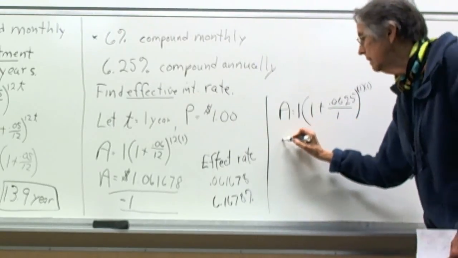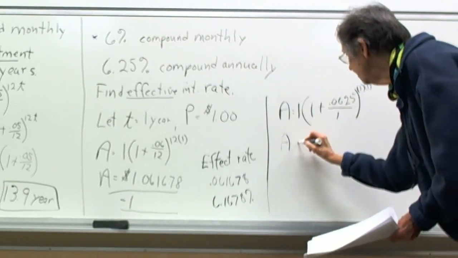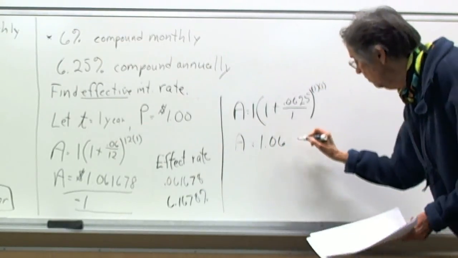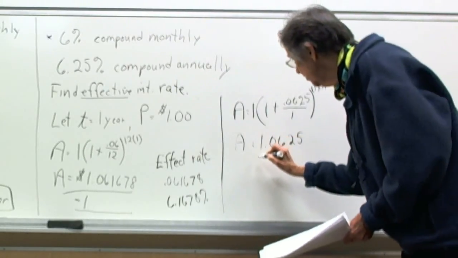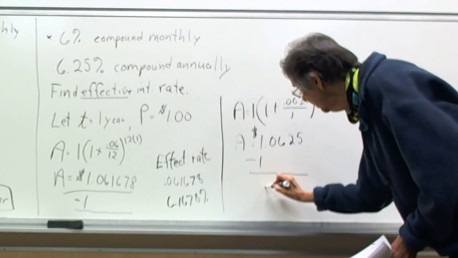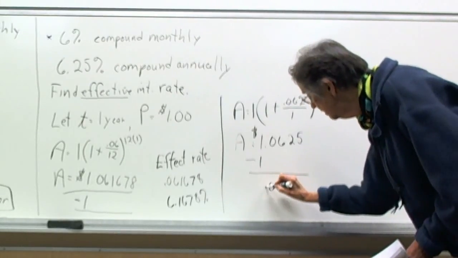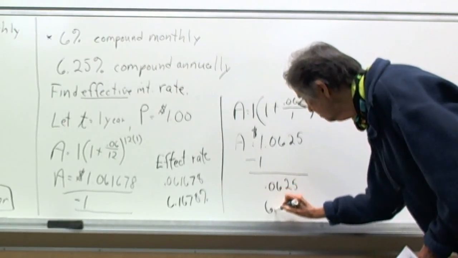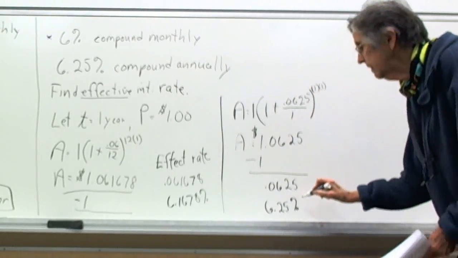So we do the calculation here, we get a final amount of $1.06 plus a little bit more. Again, subtract off the original investment, and we end up with a little over 6 cents. And that is in percentages 6.25% as the effective rate.